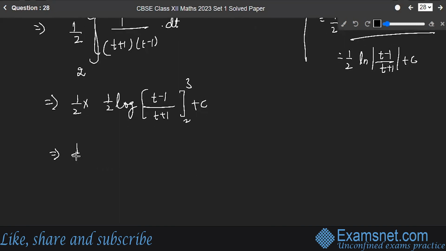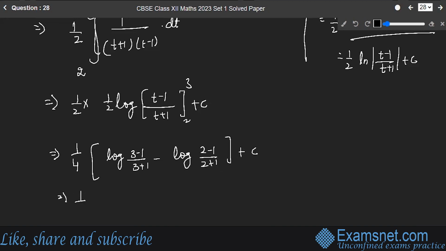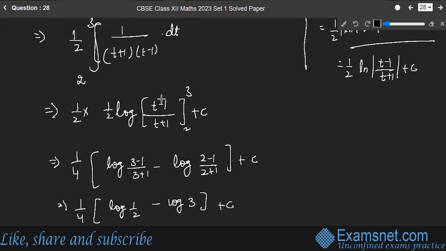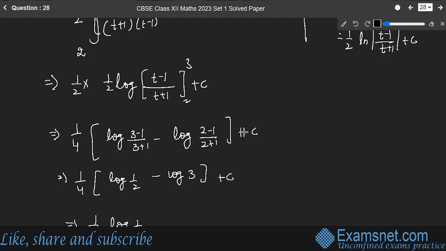So this is equal to 1 by 4 [log of (3 minus 1) upon (3 plus 1) minus log of (2 minus 1) upon (2 plus 1)] plus the constant c. This is 1 by 4 [log of 2 upon 4, which is log of 1 by 2, minus log of 1 by 3].